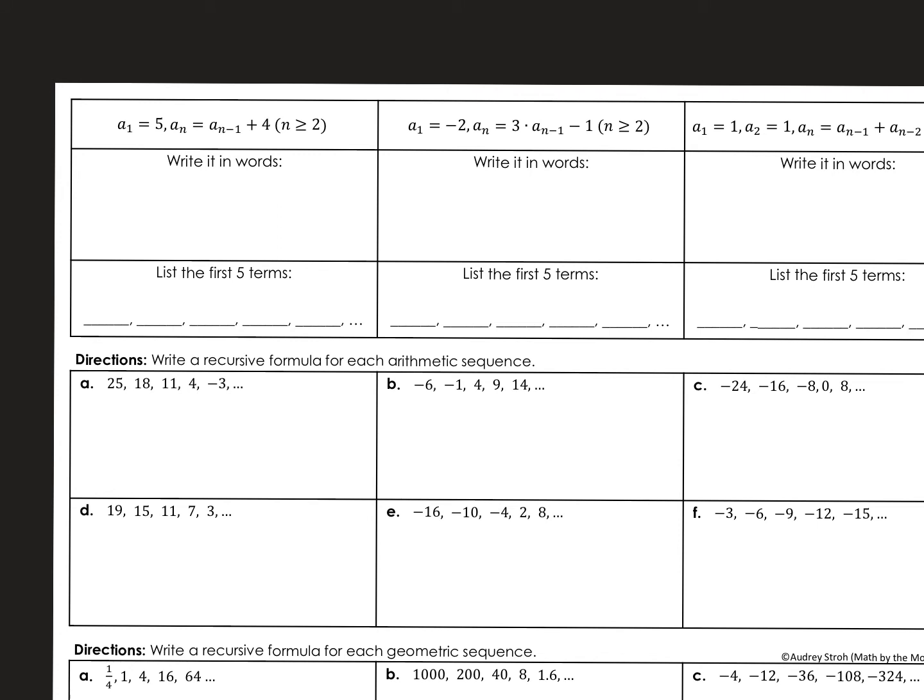So taking a look at this first box, I know that my first term is going to be 5, and I know that my next terms will be found using this information here. So I want to start at 5. To get the next term, I want to take the last one and add 4.